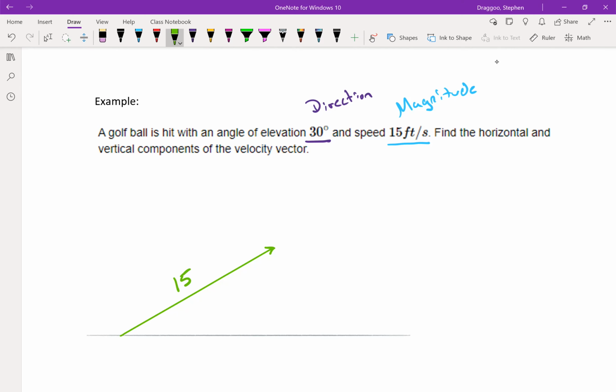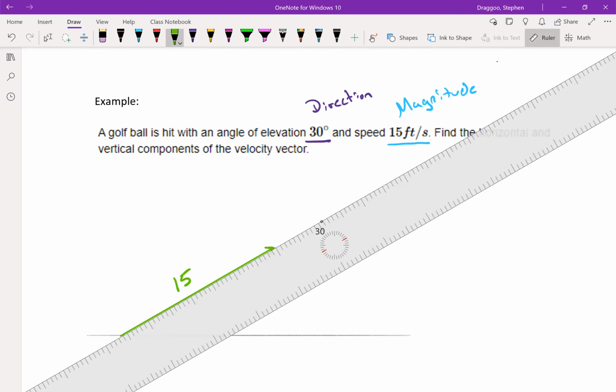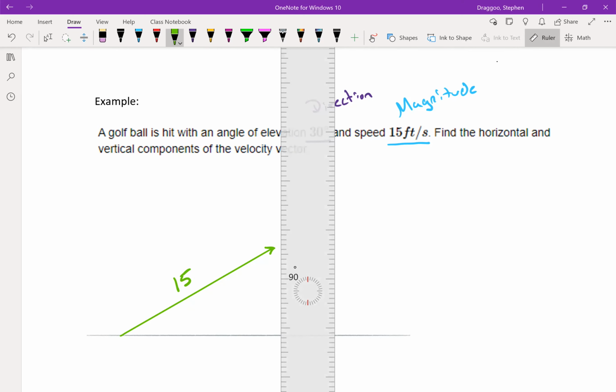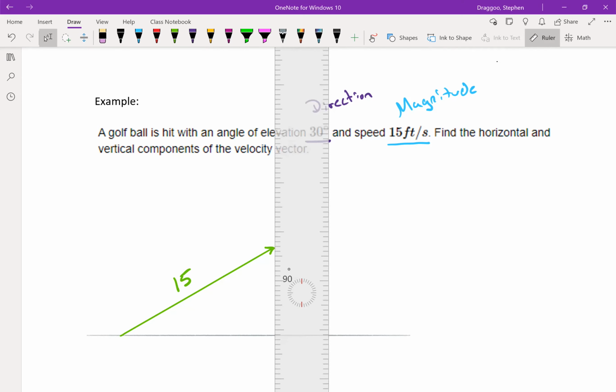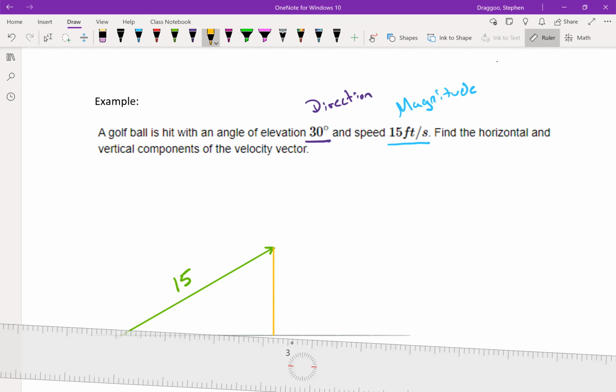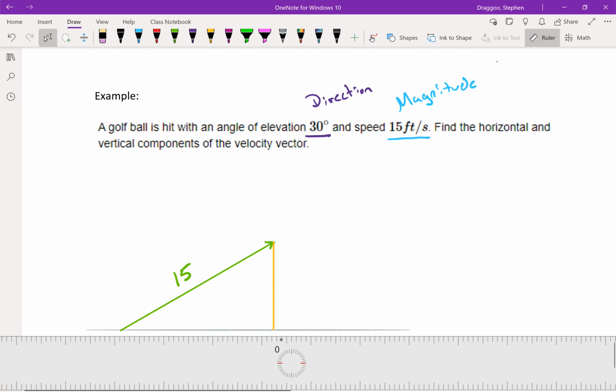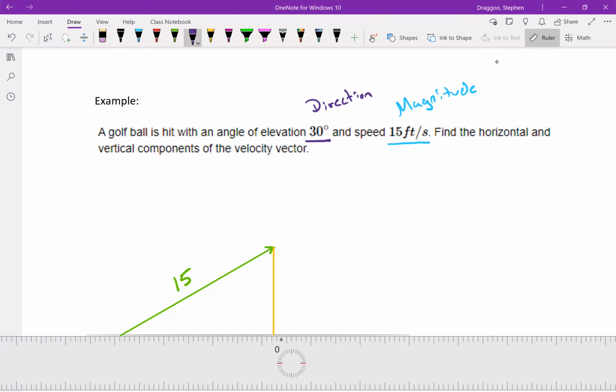So we want to break it down to its horizontal and vertical components, which means breaking it down into a vertical component, which could be this piece, and its horizontal component, which can be this line.